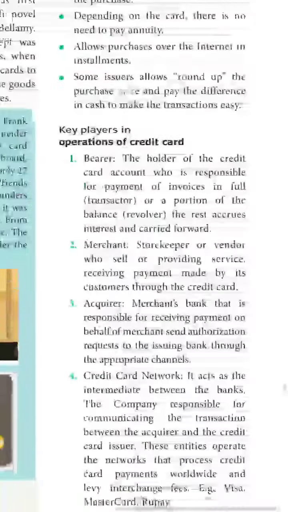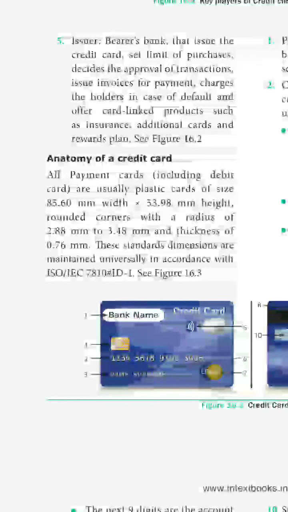Okay, all payment cards including debit cards are usually plastic cards of size 85.66 mm width and 53.98 mm height, rounded corners with a radius of 2.88 mm to 3.48 mm, and the thickness of the card is 0.76 mm.